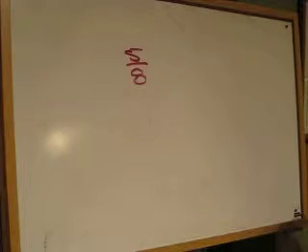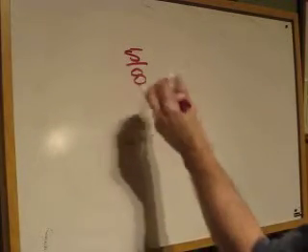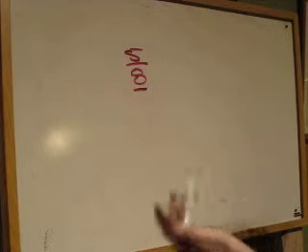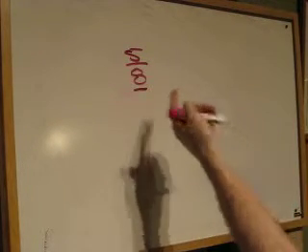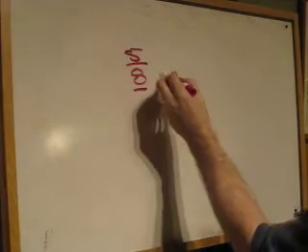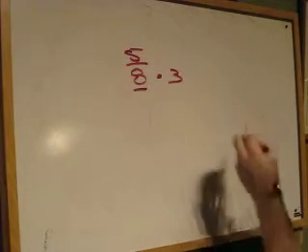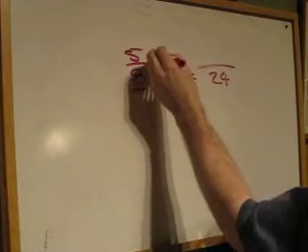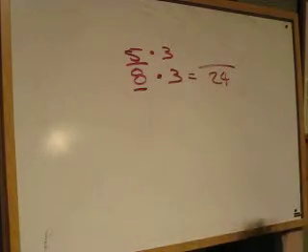The instructions they give us in this particular example is, write this fraction with a denominator of 24. Well, how do we get this denominator to turn into a 24? We have to multiply it or divide it by something to make it a 24. Well, we can't divide it by anything and get a 24, but we know that if we multiply it by 3, we'll get 24. But we can't do that unless we also multiply the top by the same number.